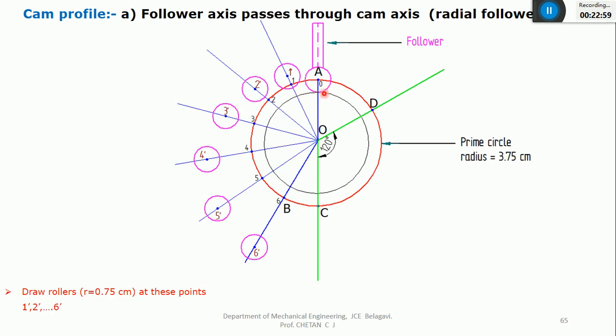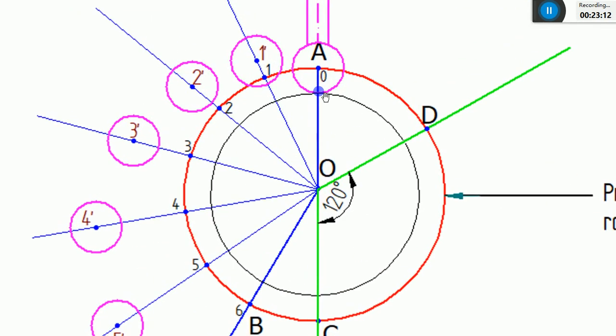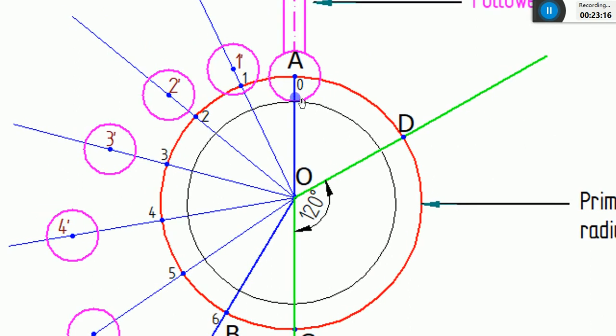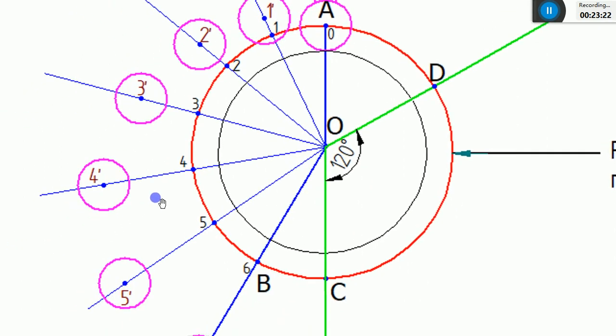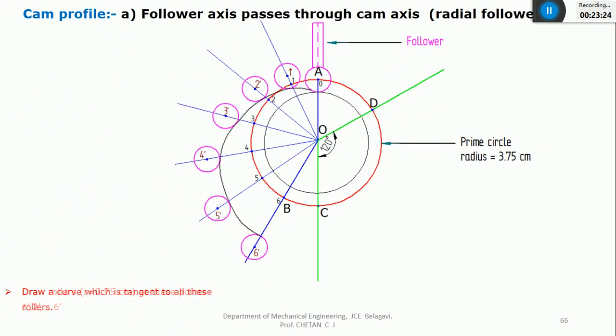And after drawing all these circles at these 6 points, starting from this point, it means the point on this base circle, draw a tangent to all these circles. I'll show how the tangent is.